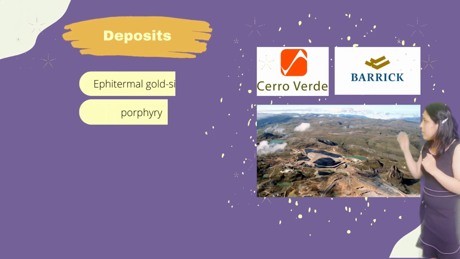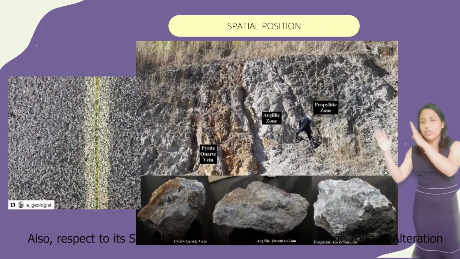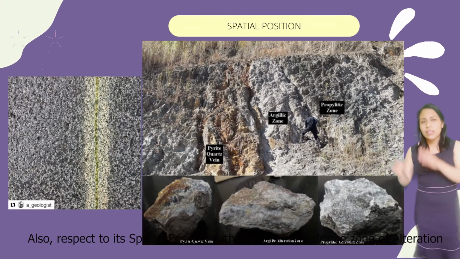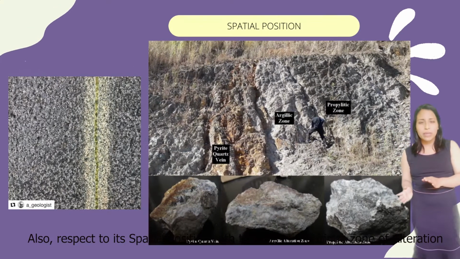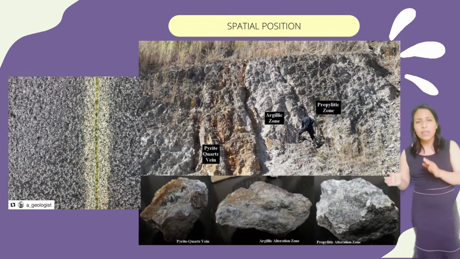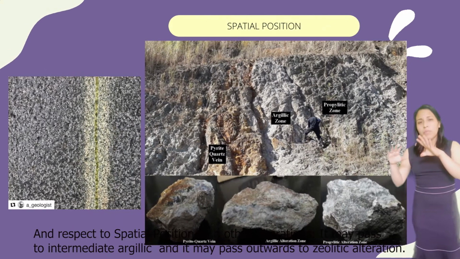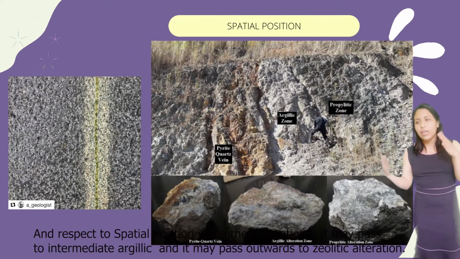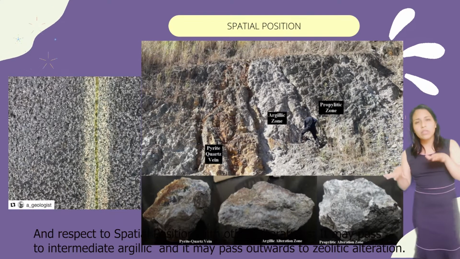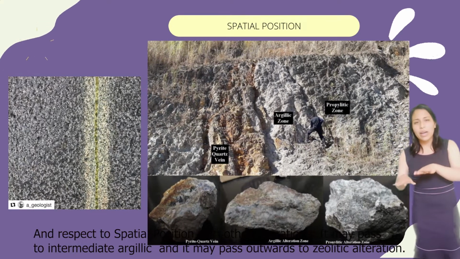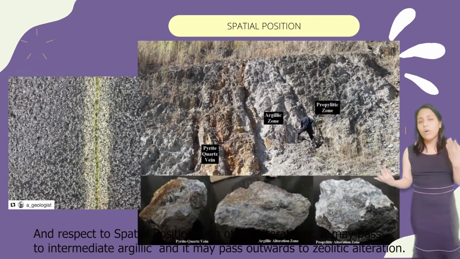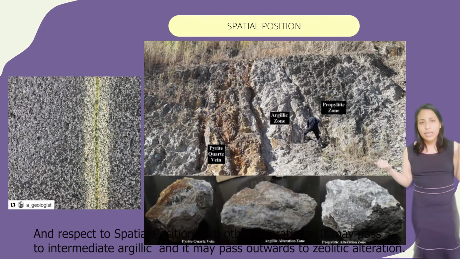Also, regarding spatial position with ore and with other alterations, it may pass inward to intermediate argillic, and it may pass outward to zeolitic alteration.